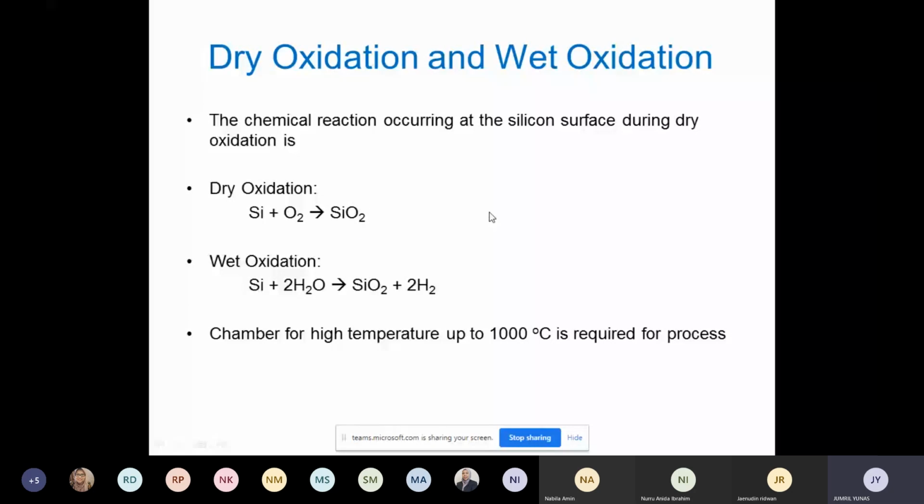For wet oxidation, we use water vapor flowing into our hot chamber, and it reacts with silicon and grows a silicon oxide layer. The chamber for this process uses high temperature, up to 1000 degrees.